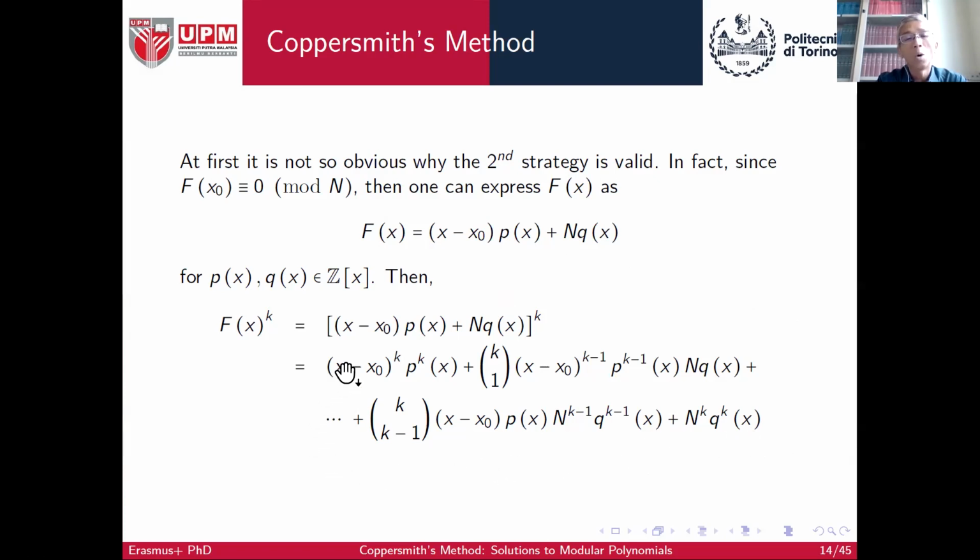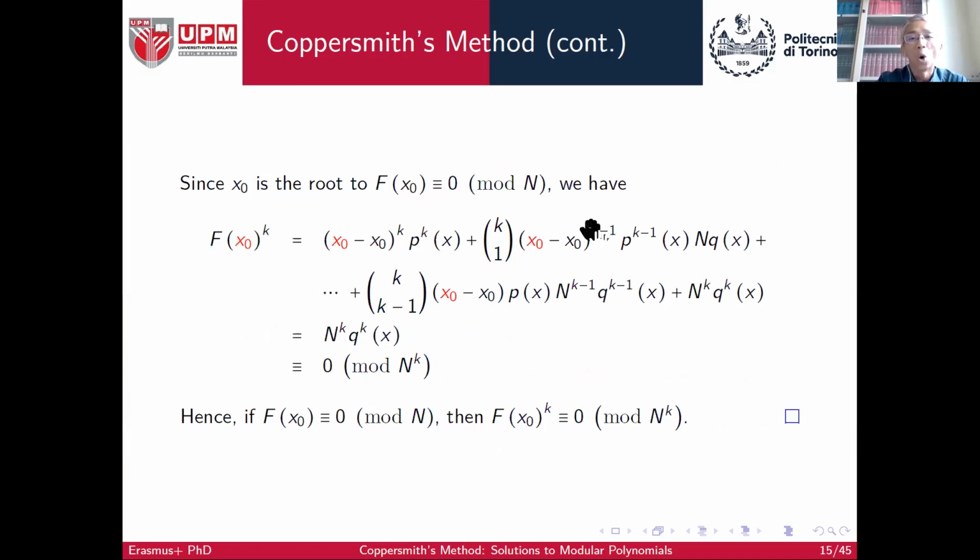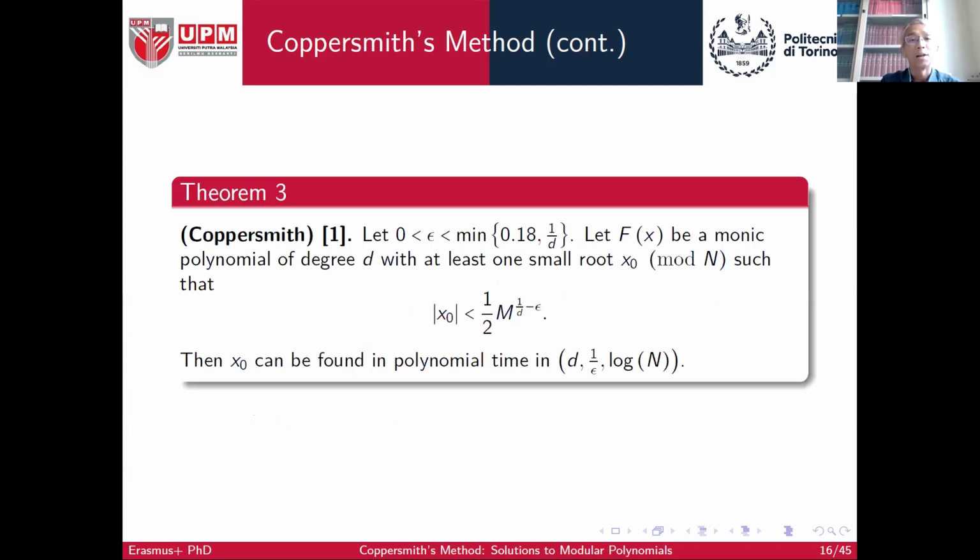Notice that all the terms here, except the last one, contain the factor of x minus x0. So substituting back, the whole expression except the last term vanishes. This directly proves that if f(x0) is congruent to 0 mod n, then f(x0) to the power k is congruent to 0 mod n to the power k as well.